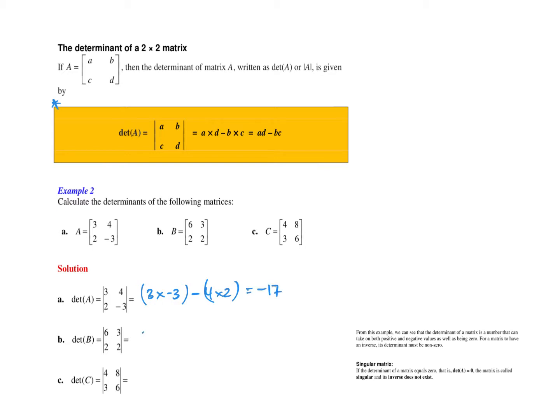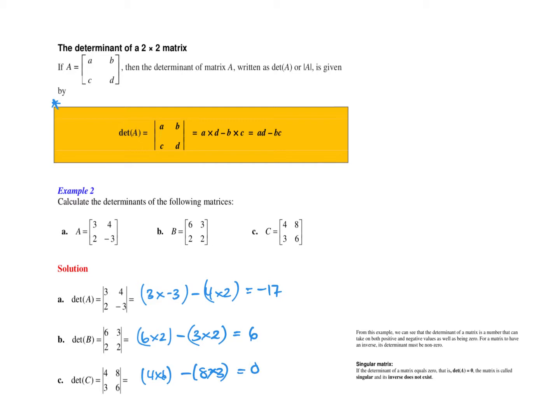This one is 6 times 2 minus 3 times 2, so 12 minus 6, that's 6. And the last one is 4 times 6 minus 8 times 3, so that one equals 0.